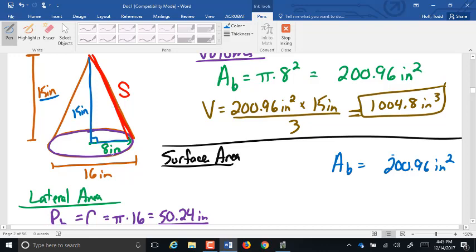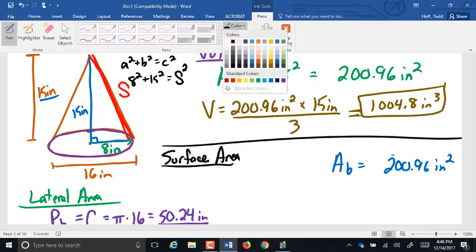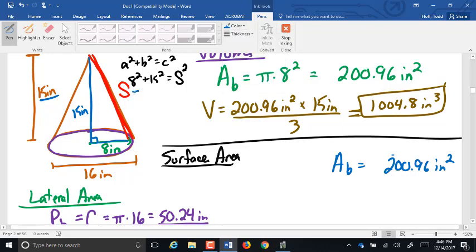We know this is our radius of 8 inches. It's a squared plus b squared equals c squared. So 8 squared plus 15 squared equals that slant squared. Now at this point, I'm going to assume you guys can calculate that out and get that slant is 17 inches.